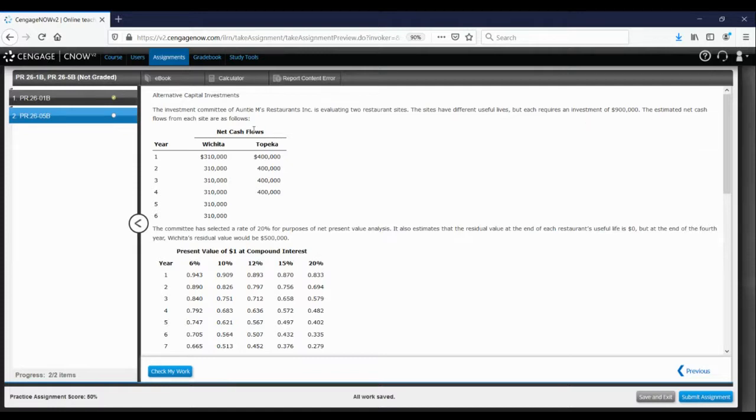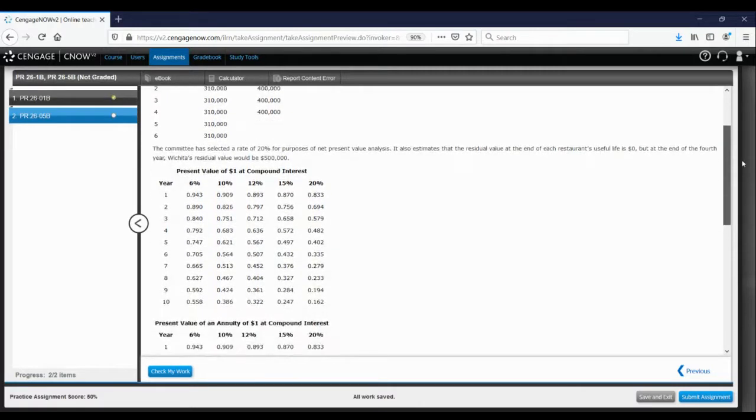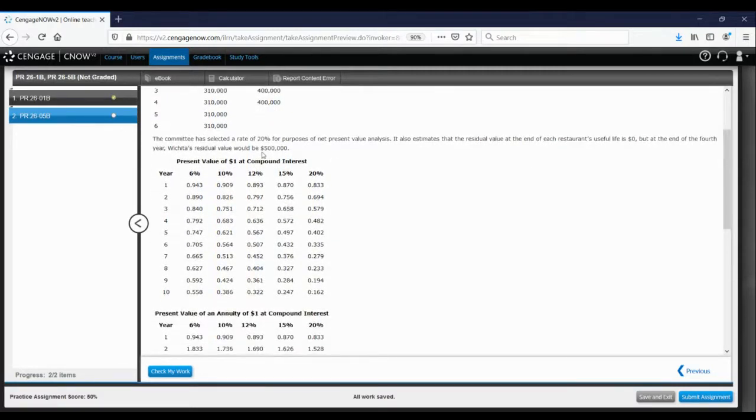The estimated net cash flows are what are given here, so we're probably going to do some present value analysis. It says the committee has selected a rate of 20% for purposes of net present value analysis. So they're going to want you to use a 20% interest rate.